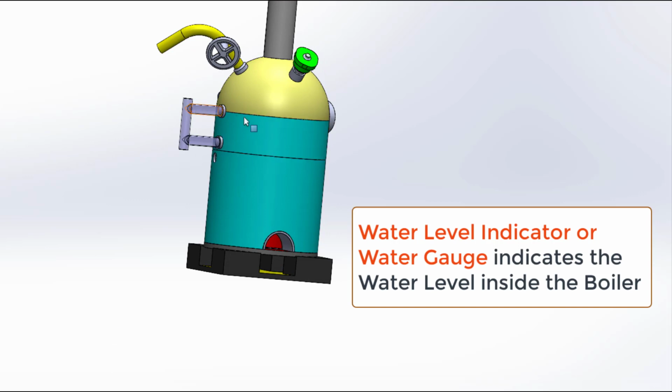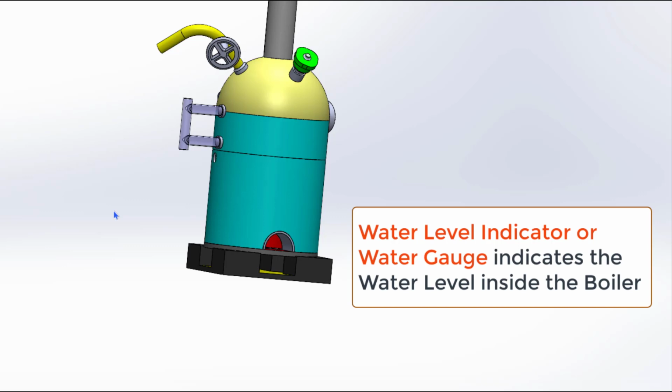There are two pipes connected to the boiler, and there is one vertical pipe, and this vertical pipe is made of glass. So we can see the water level inside the boiler, and if the water level decreases, the boiler has to be filled with water.